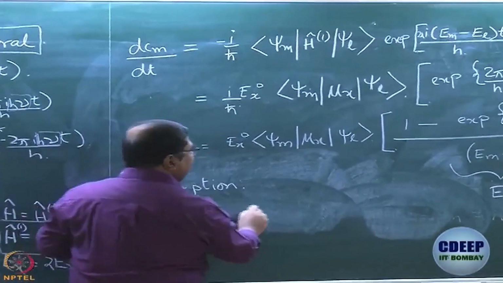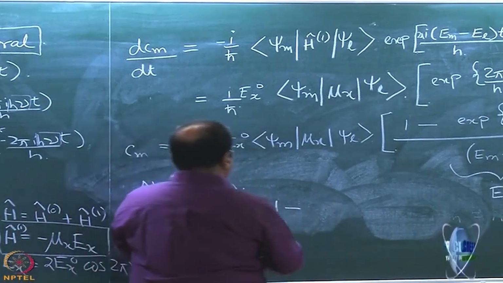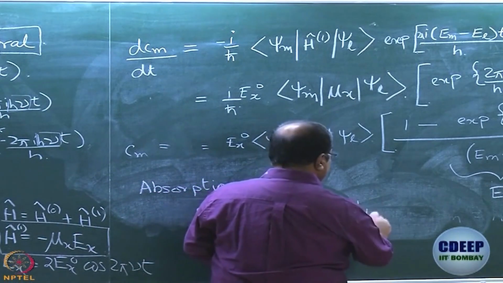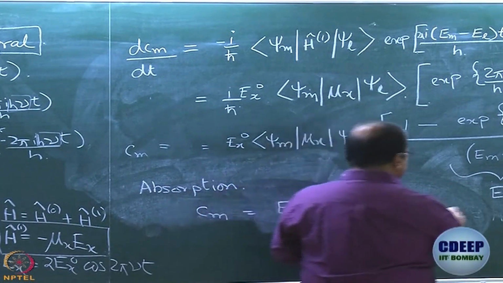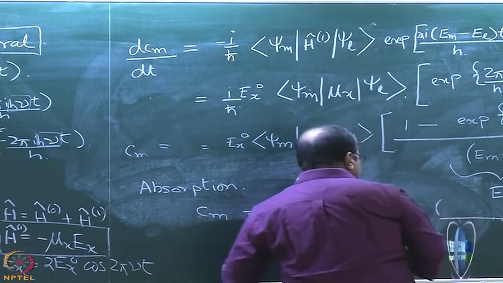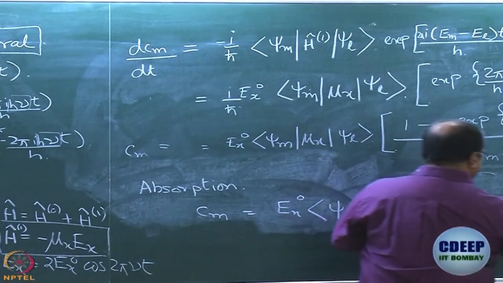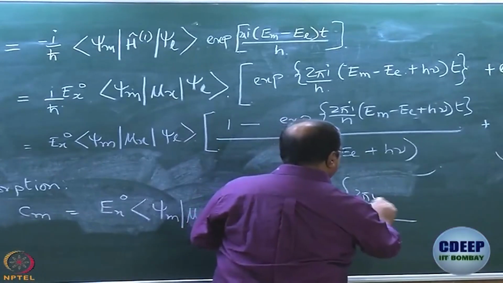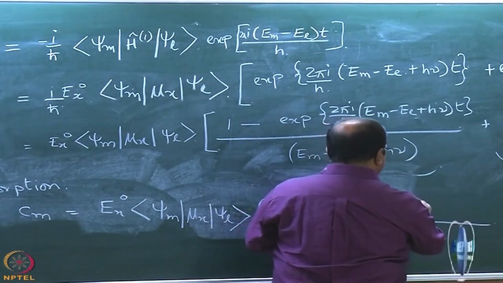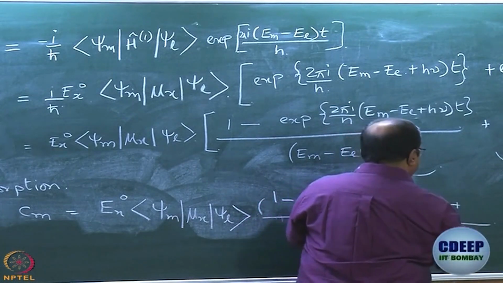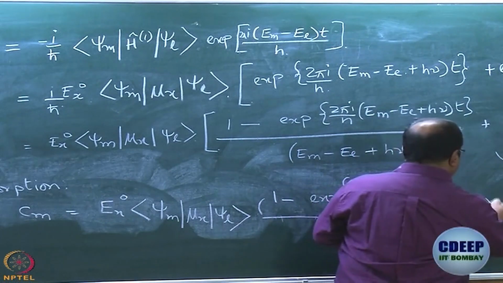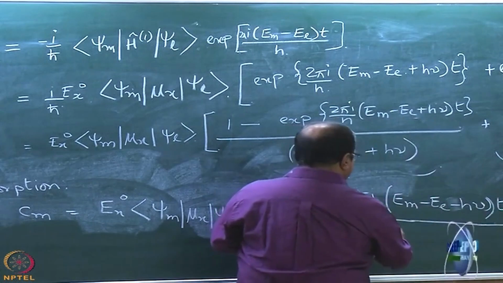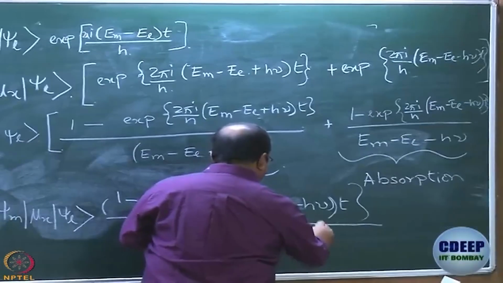the expression for Cm turns out to be then 1 minus, well, I should write the whole thing, Ex0 multiplied by your transition moment integral multiplied by one minus exponential 2 pi i by h (Em minus El plus h nu, no, minus h nu, sorry) multiplied by t, divided by Em minus El minus h nu.